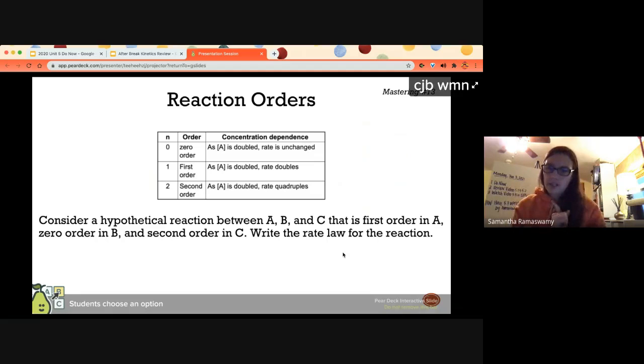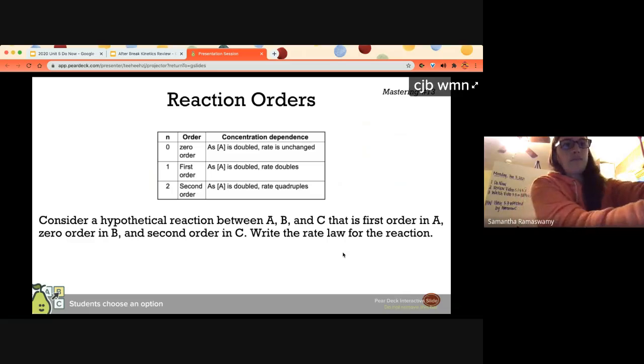If it's first order in A, zero order in B, and second order in C, what is the rate law for this? Again, you don't need to answer it on the multiple choice because it doesn't make sense. Make myself a note that this needs to be fixed.